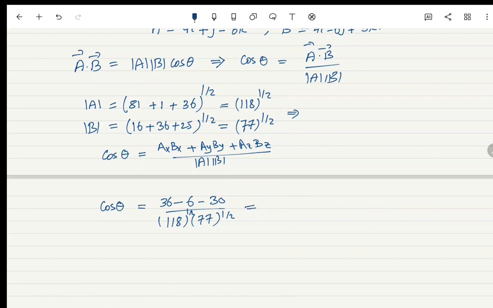You do the math. 36 minus 6 is 30, minus 30 is equal to 0. Cosine theta equals 0. In this case theta is equal to pi over 2. This is an interesting result, as A and B are perpendicular or orthogonal to each other.